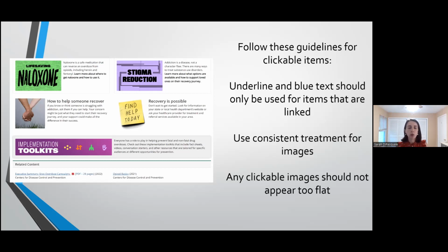But when you look at it, what do you imagine is clickable on this page? If you imagine that these kind of images right here are clickable, they're actually not clickable, which can be confusing because they look very similar to the images right on top here, right? So that's why it's really important that if something is clickable in one place, and it looks the same as another, they should all be consistent and given the same treatment visually.